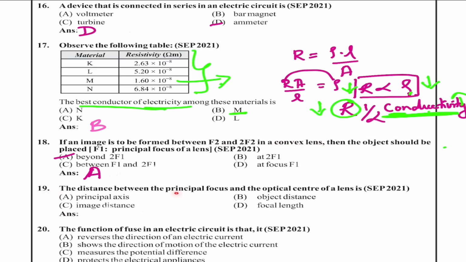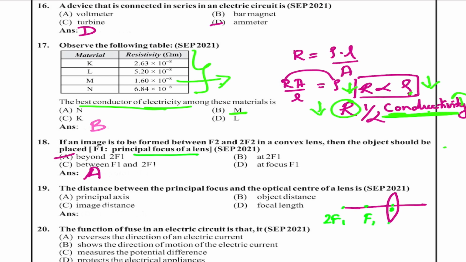The distance between the principal focus and the optical center of a lens is called as. Let us consider a convex lens. Here is the optical center O, and we have f1 here and 2f1. In the previous question, we have a clue that f1 is the principal focus of the lens.